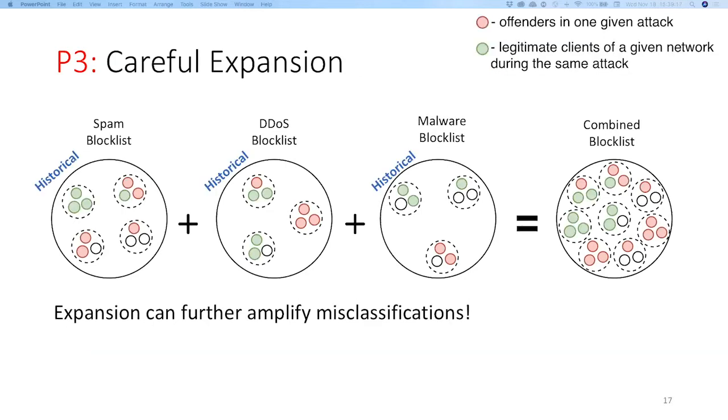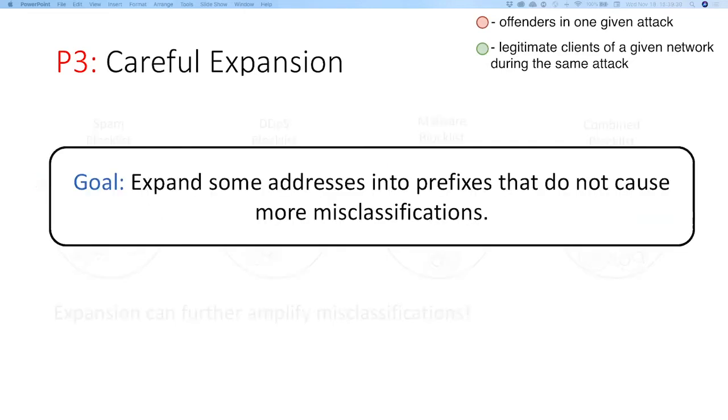However, this needs to be done carefully again, because if you were to expand all the IP addresses to their IP prefix, you could again amplify the total number of misclassifications. So our second goal should be to selectively expand some of the addresses into IP prefixes in such a way that we do not cause misclassification.